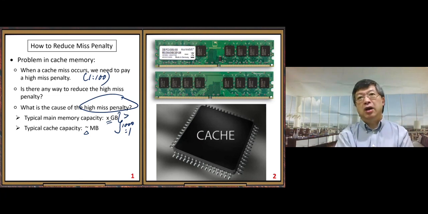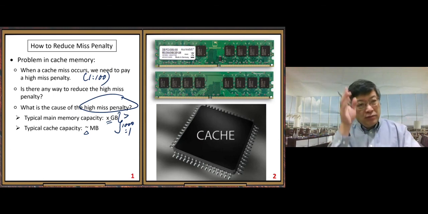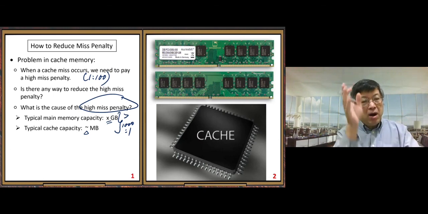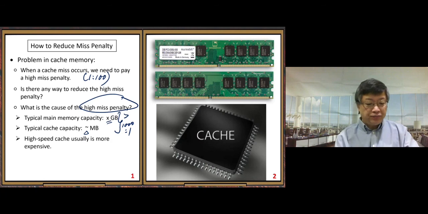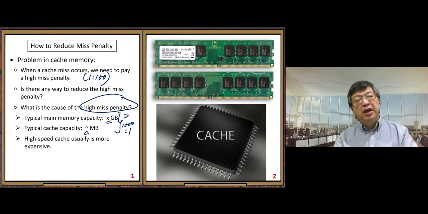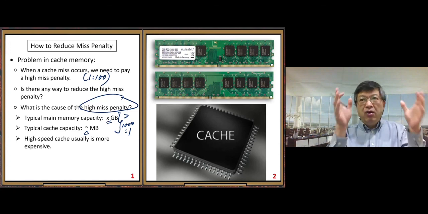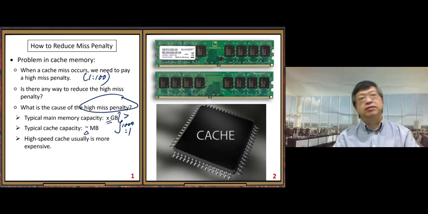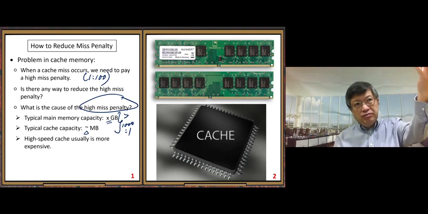Then let's go a little deeper along those multi-level caches. When we do multi-level caches, we need to understand that for different levels, their roles are quite different. We need fast performance.